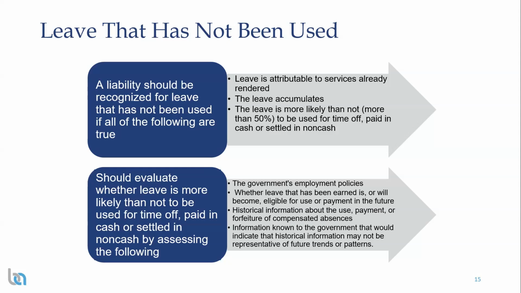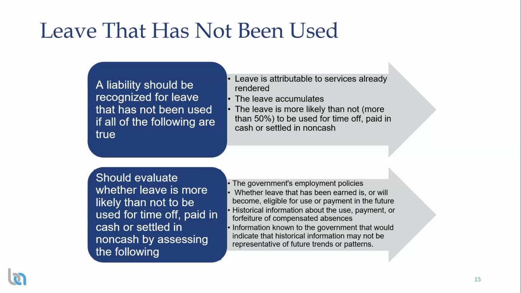I think one of the most challenging parts of GASB 101 is figuring out what is more likely than not. That is going to be your biggest challenge, in my opinion, because just because somebody earned 100 hours of compensated absences does not mean that you're going to end up paying them 100 hours. There may be situations where, based on history and trends over the last 10, 20 years, people only use 60% of the hours that they earned.